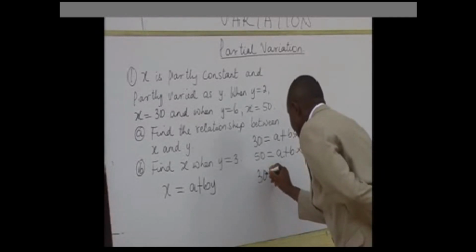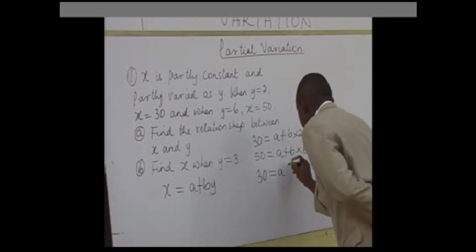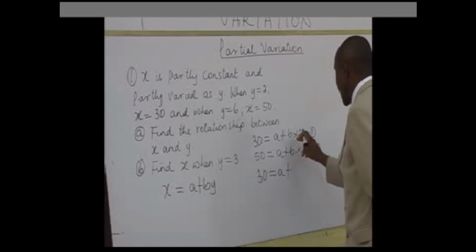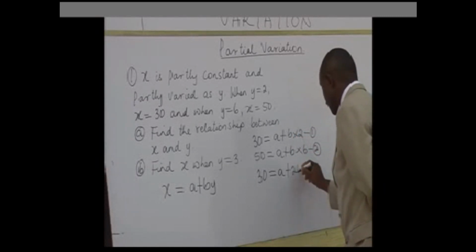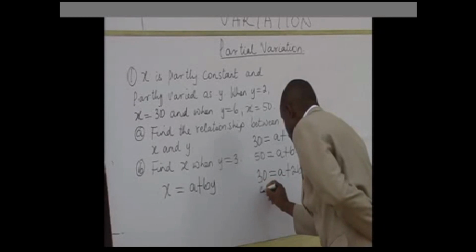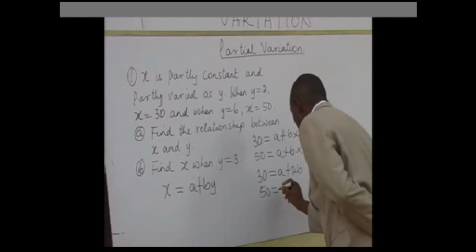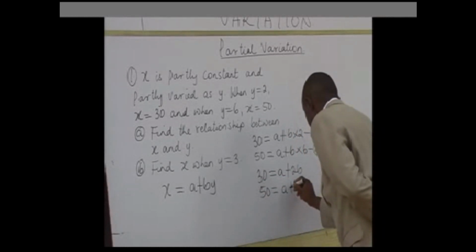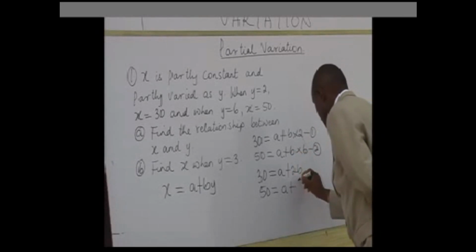This will give us 30 is equal to A plus B times 2, which will give you 2B. While the second equation, 50 is equal to A plus 6 times B, will give you 6B.